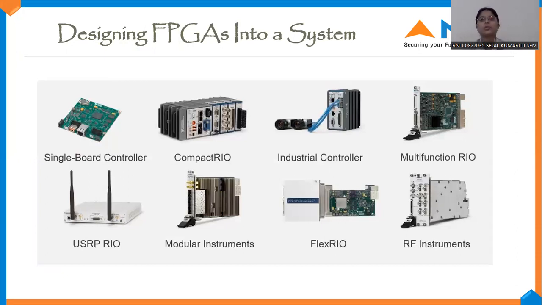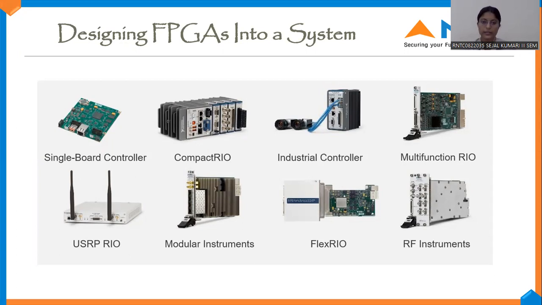Designing FPGAs into a system. Now, how are FPGAs used in a system? While there are many advantages to FPGAs, such as speed, reliability, and flexibility, there are many trade-offs associated with them because they are known as programmable fabrics, which allow a designer to rapidly program the device to perform nearly any function.